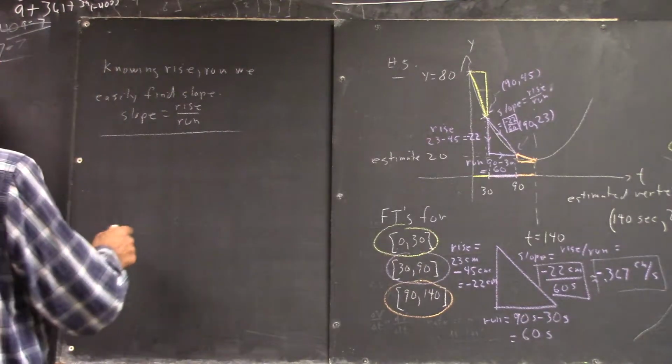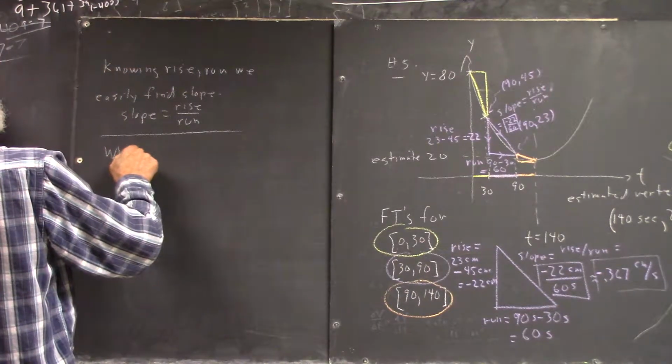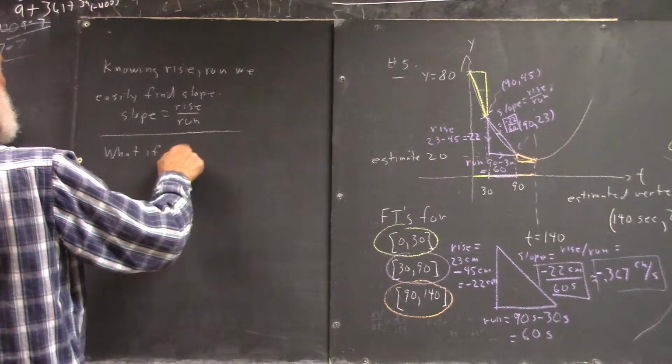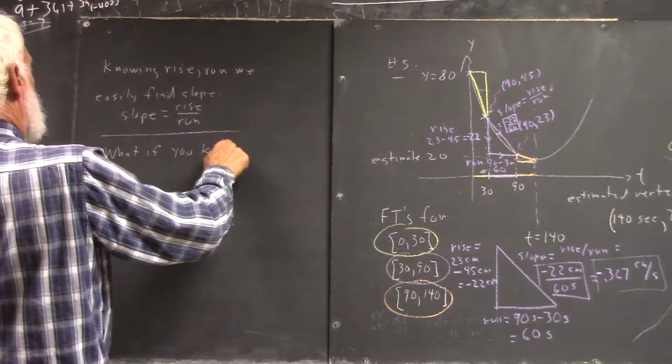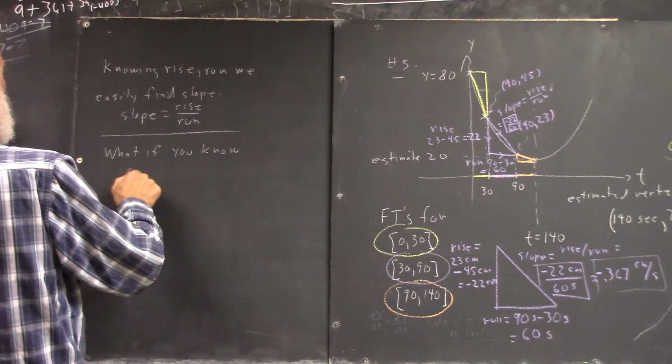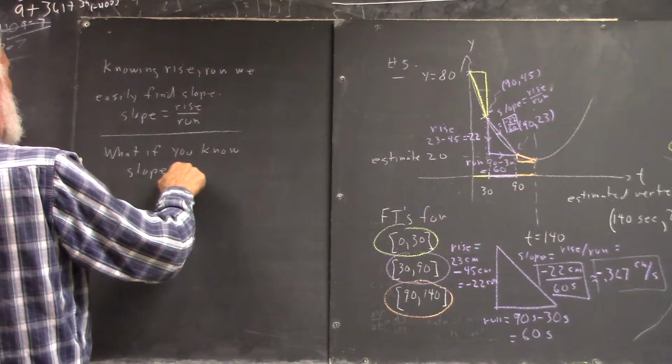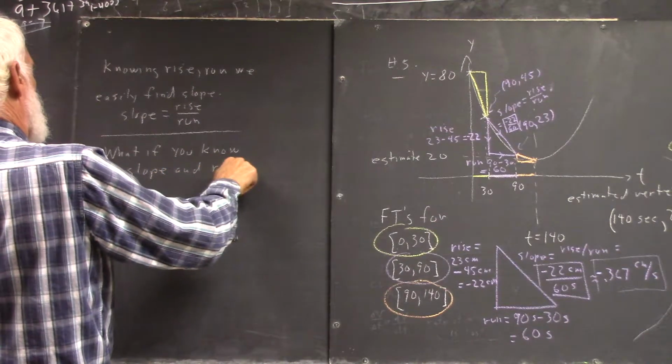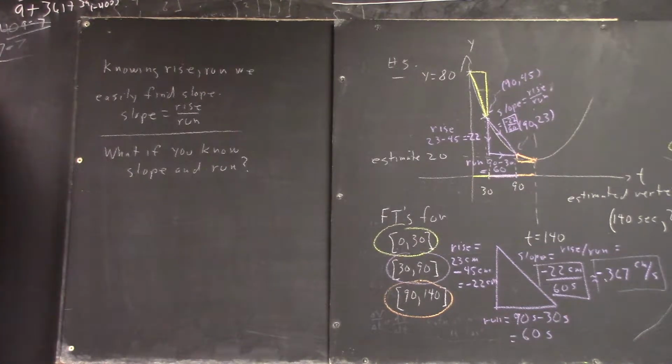Okay, what if you know slope and run? How are you going to find, what do you have to find?